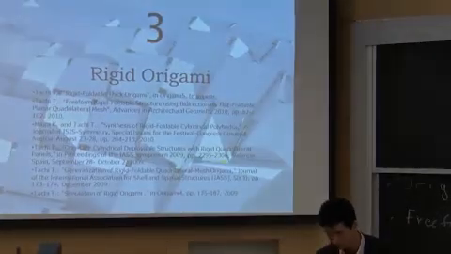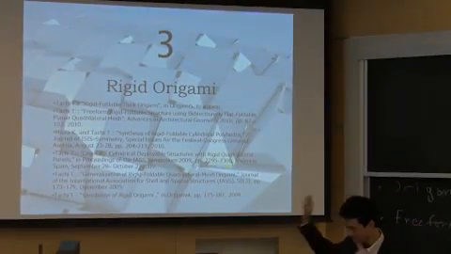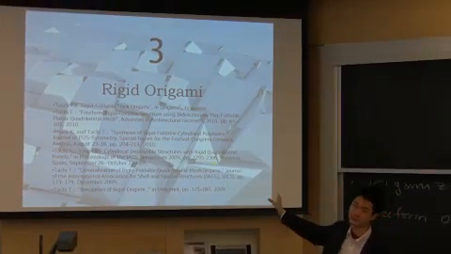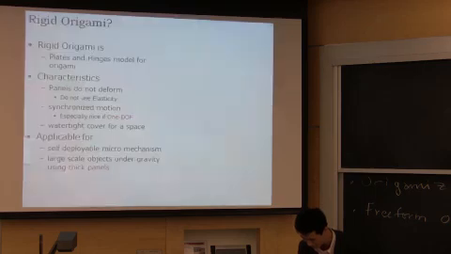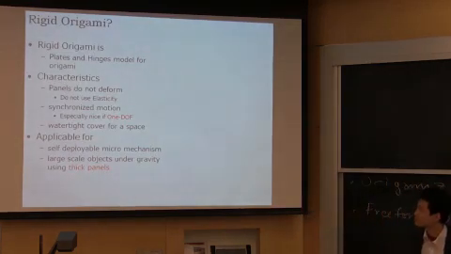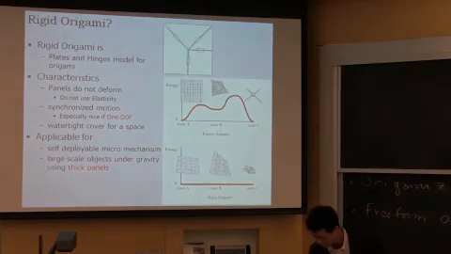So, rigid origami. This is the closest part of computational origami to architecture. So rigid origami is the plates and hinges model for origami.